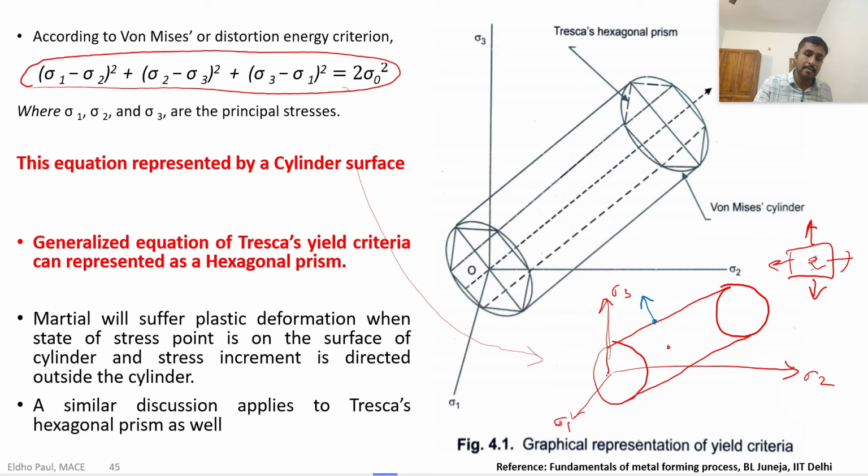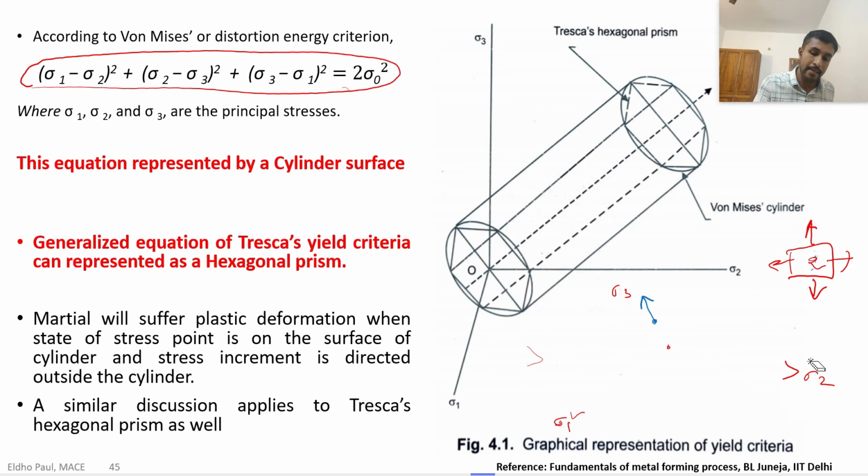But inside this cylinder, it is a safe region. There will not be any plastic deformation. In metal forming, we have to apply a stress or combination of stresses such that the state of stress is on the surface or directed towards the outside of the cylinder. Then only will plastic deformation develop. That is the case for the Von Mises criteria.